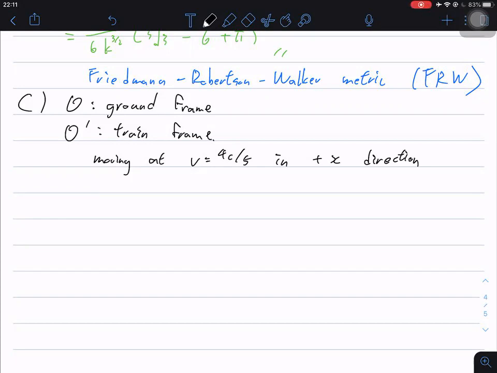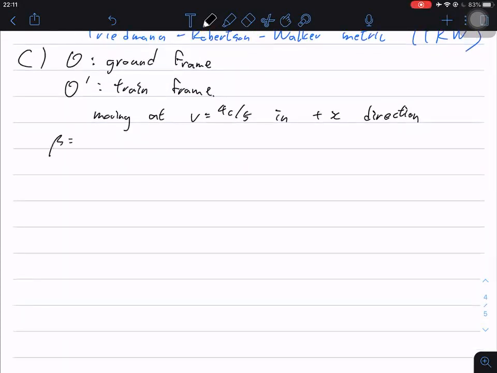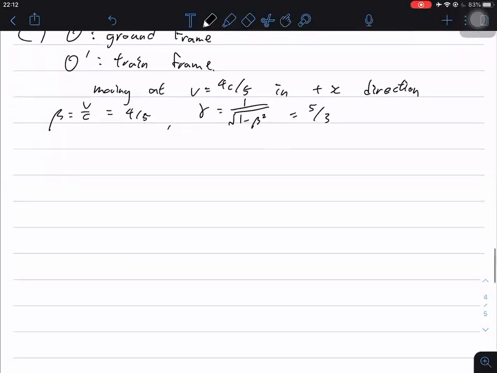So let's say the train is moving in the plus x direction. So right now we have beta equal to v/c, which is 4/5. Gamma equals 1 over the square root of 1 minus beta squared, which is 5/3.